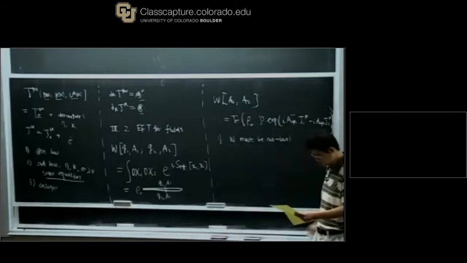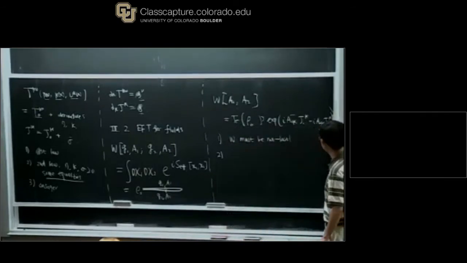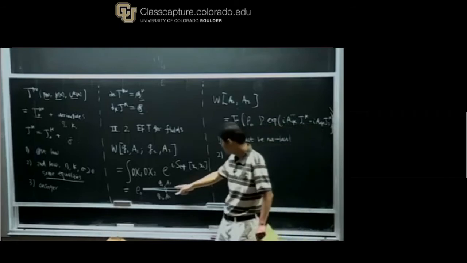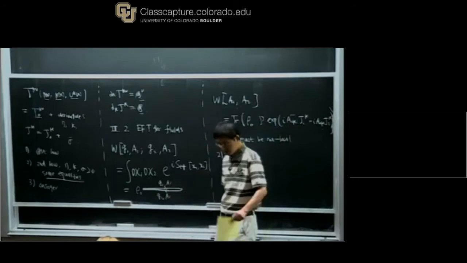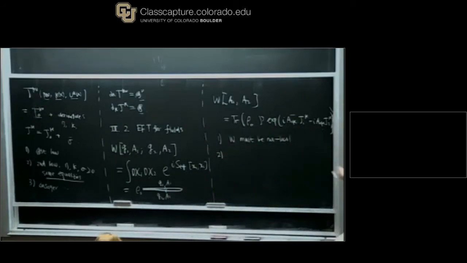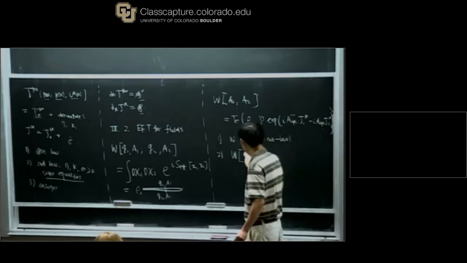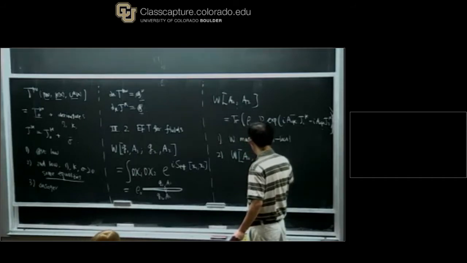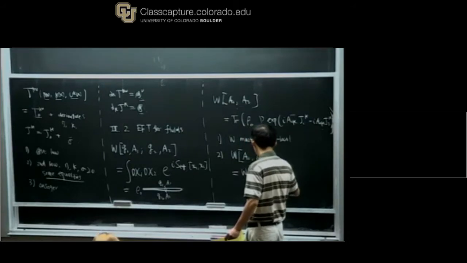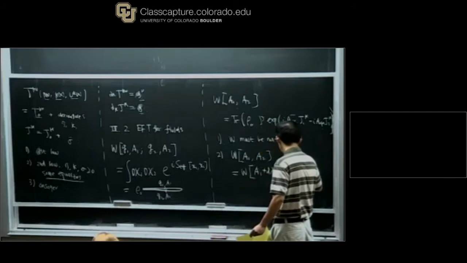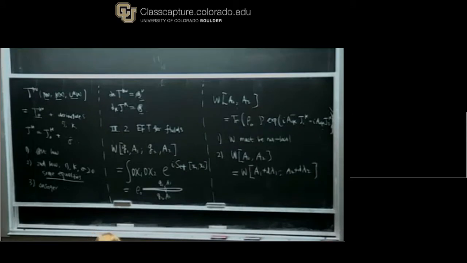Another comment is that because these currents are conserved, we have two copies, and those currents are independently conserved along each copy. That means this generating functional should be invariant under independent gauge transformations of A: A1 plus d lambda 1, A2 plus d lambda 2, where lambda 1 and lambda 2 are arbitrary functions.